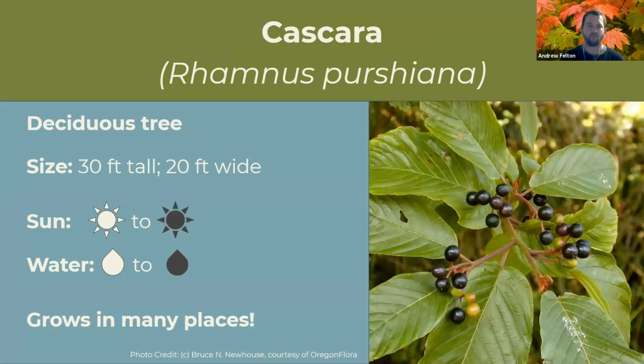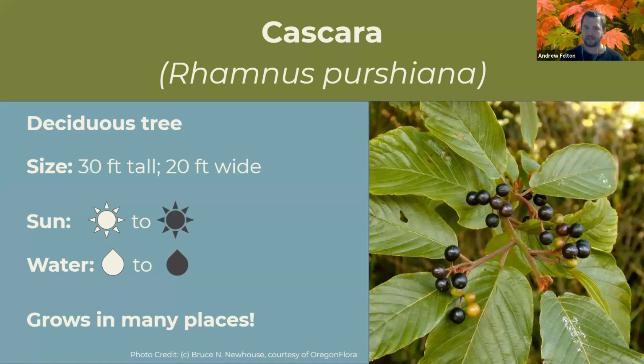And finally, one of our native trees is a great plant to consider for summer blooms, and that's going to be Cascara. Cascara is one of the more overlooked trees that we have in our region. Most folks, when they think of Oregon, think of a Douglas fir or a cedar, but Cascara is also a really great plant to consider because it really can be adaptable in just about any location.